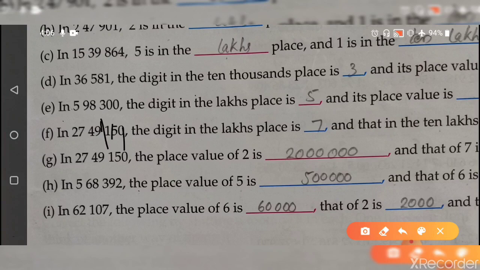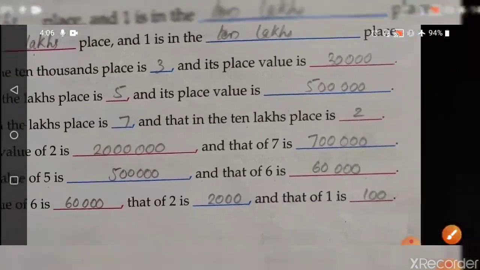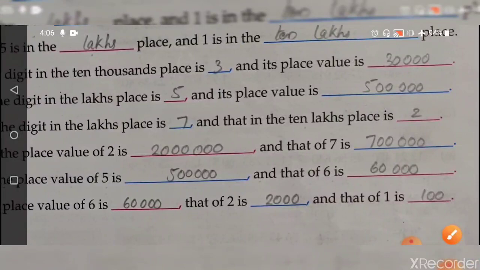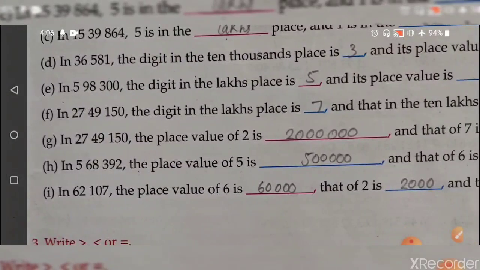Ones, tens, 100, 1000, 10,000, lakh. So 7 is at lakhs place and that in 10 lakhs place is 2.